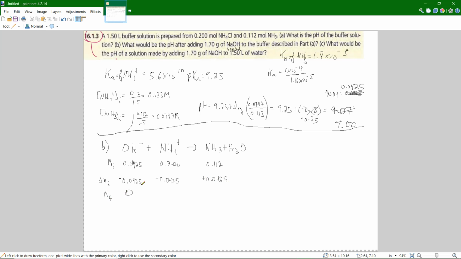We're going to have 0.2 minus 0.0425, 0.1575, and then 0.112 plus 0.0425 is 0.1545.